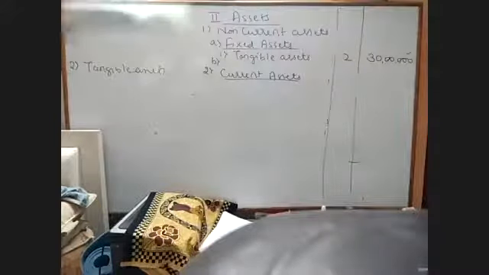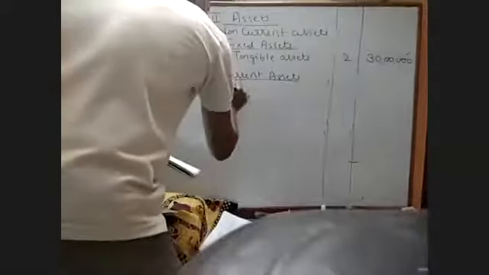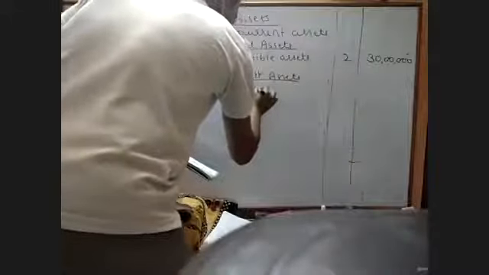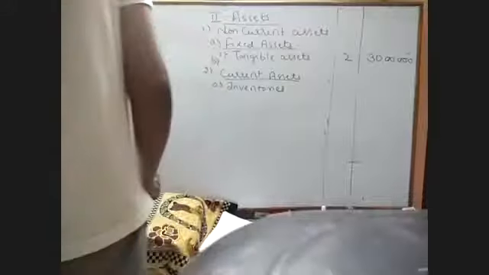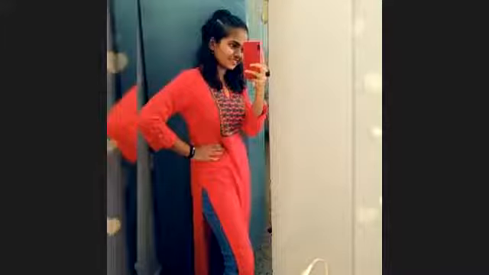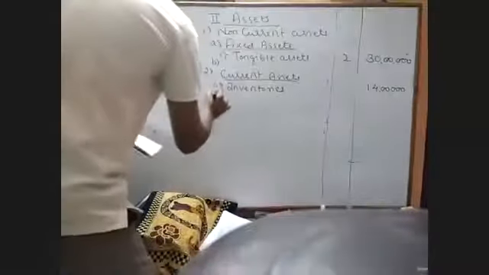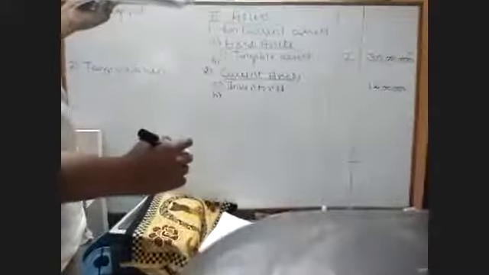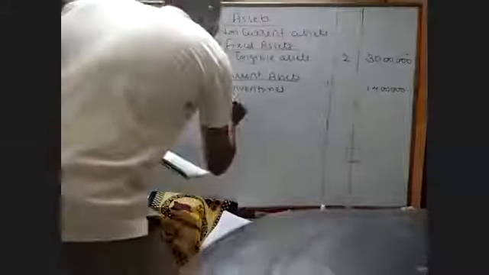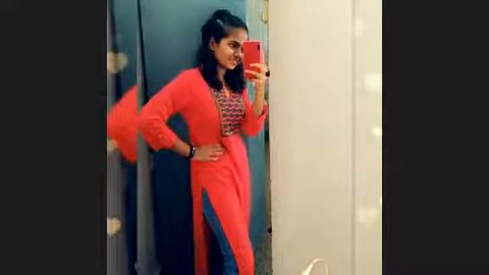So directly we can go for current assets, and under that current assets, the first one is inventories. What is the amount of inventory? 14 lakhs. Next is B, we have current investments, right?